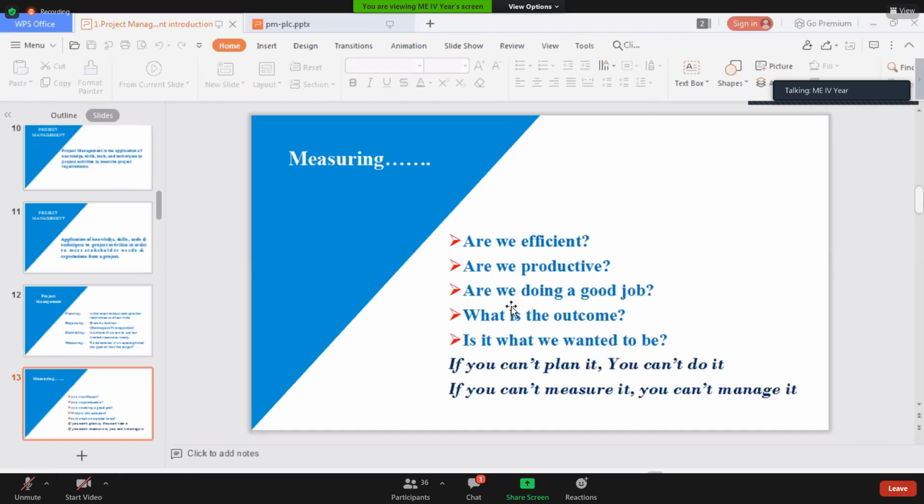Number of floors you can measure. Number of tons of concrete poured you can measure. For certain things, measurement may not be possible, so you should define or design a methodology or scale to measure. Normally projects are measured in financial terms.